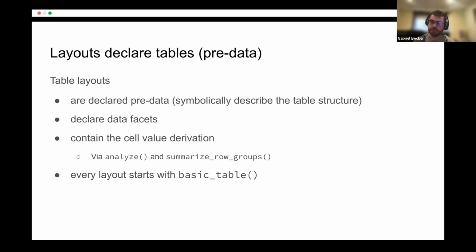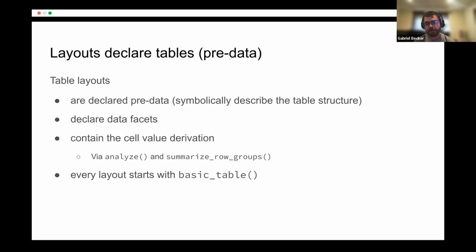And when a layout is applied to data via build table, a built table comes out, right? So layouts symbolically, in terms of variable names, declare what should go in the table, how the table should behave. They declare the faceting structure, and they declare the cell value derivation.